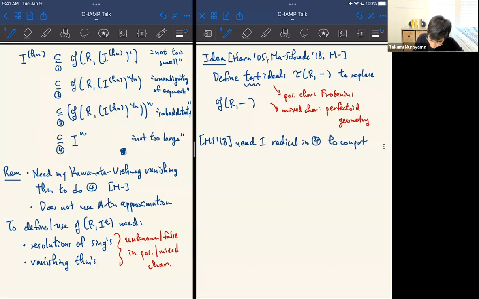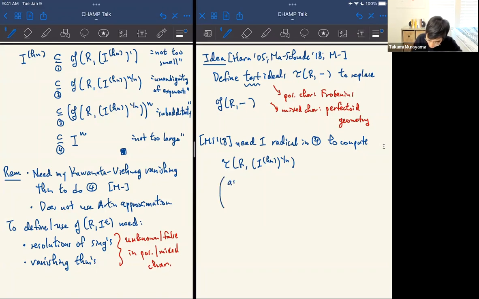Because they need to compute this test ideal, tau R of I to the hn symbolic power nth root. The way they do this is to compare it with the multiplier ideal, and then they do some discrepancy calculations after taking a normalized blowup. So that description, I guess, is a bit complicated, but I thought I should tell you that it is something that they really need to use.